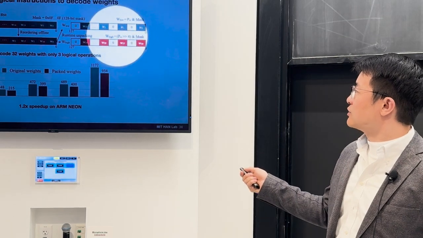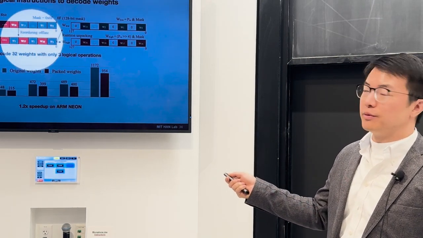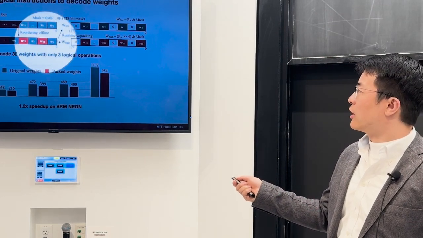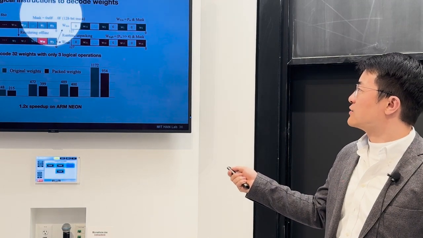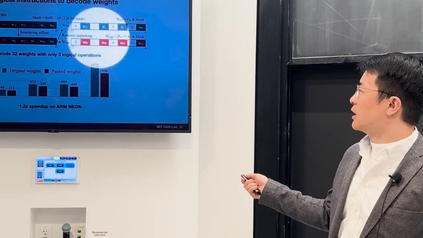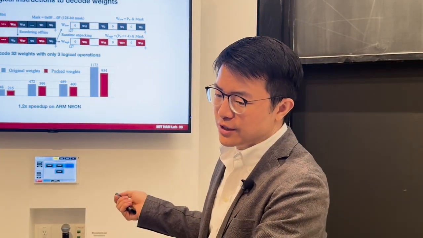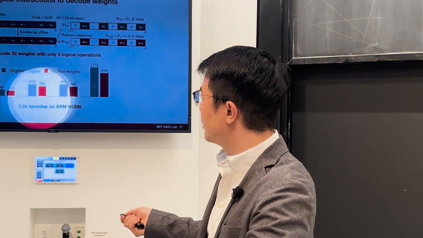And then we can shift these packed weights by 4 bits, and then mask it. After shifting, the red part goes to the bottom, and after masking it with 0x0F, we get the top weights from W31 to W16. Using this packed approach, we can reduce the latency, about a 20% speedup on ARM Neon.